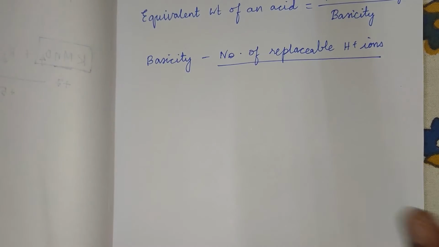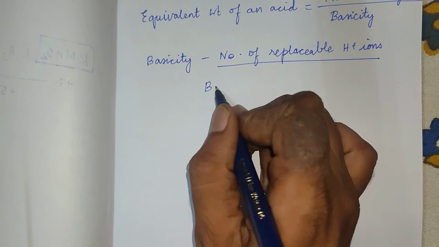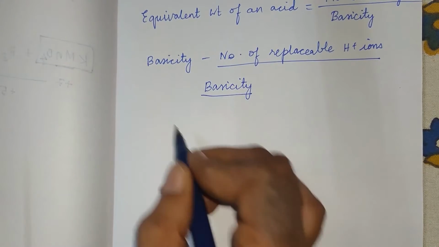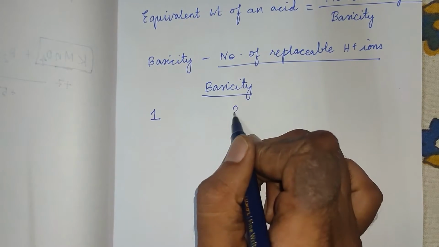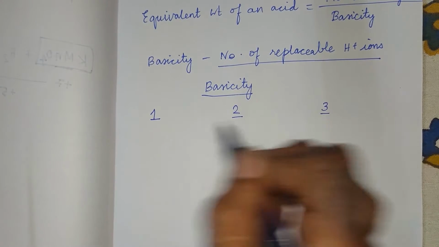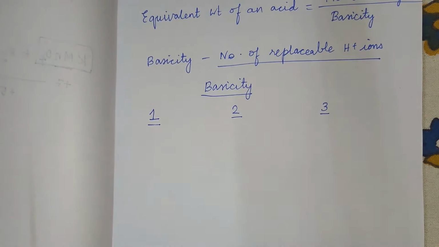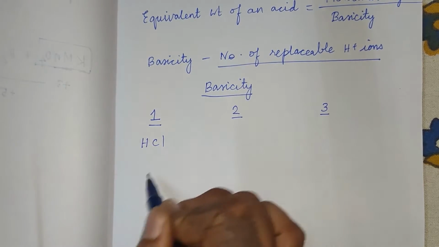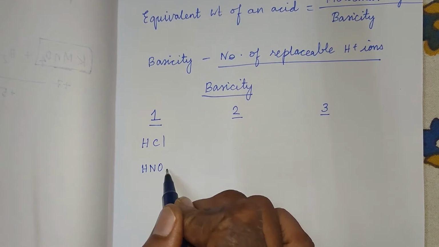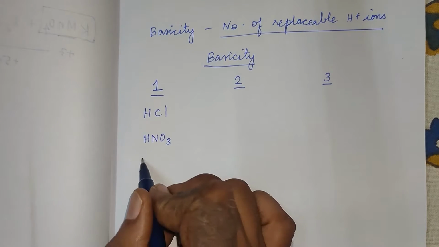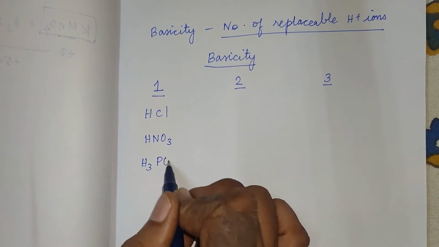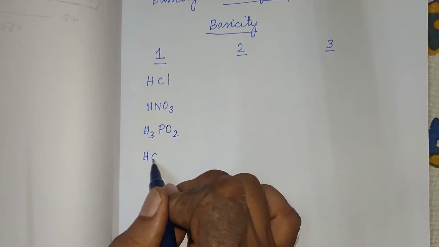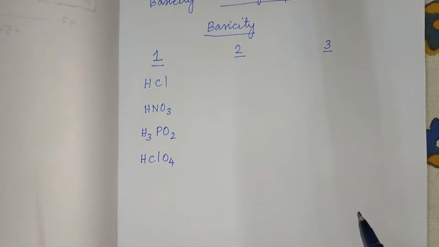I am going to give the basicity of different acids here. I am going to give you some examples for that. Acids with basicity 1, 2 and 3. For basicity 1, we have hydrochloric acid, nitric acid, hypophosphorous acid, then we have perchloric acid, and so on.